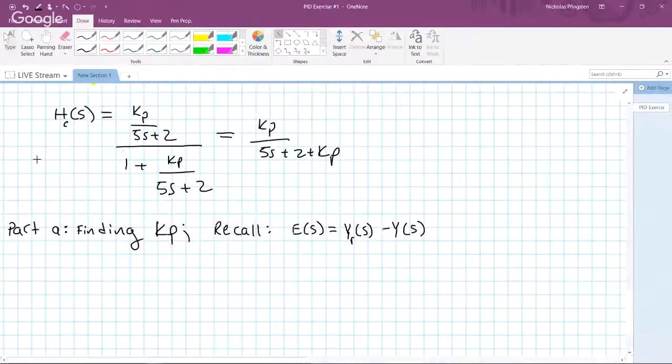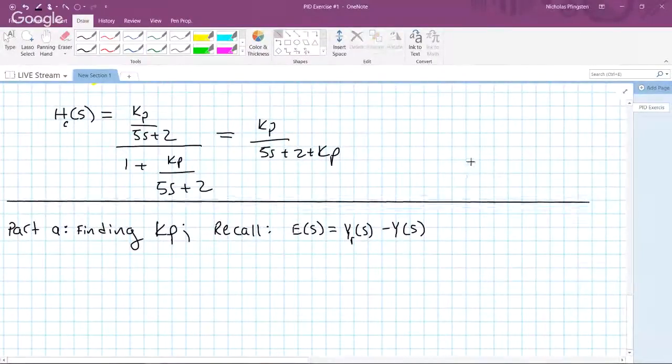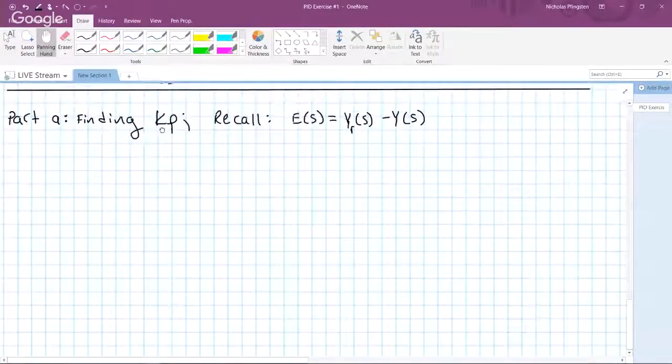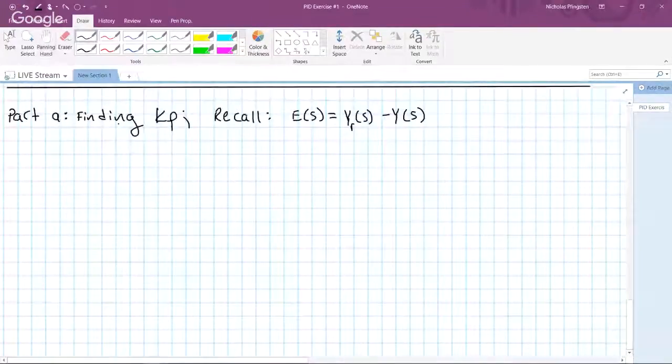All right. So we recalled the error function.